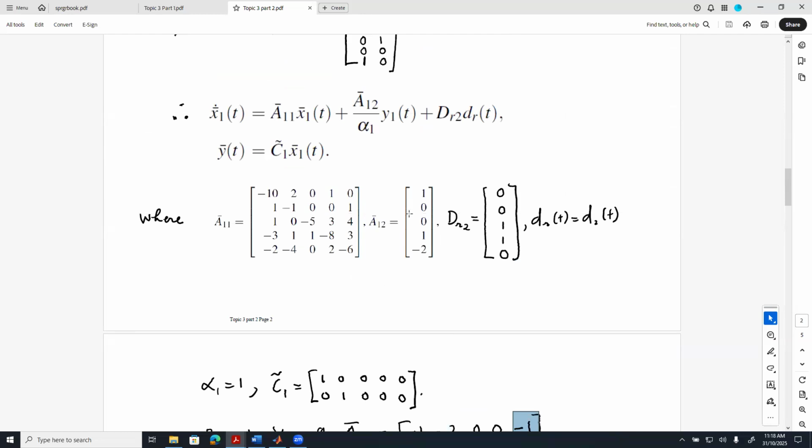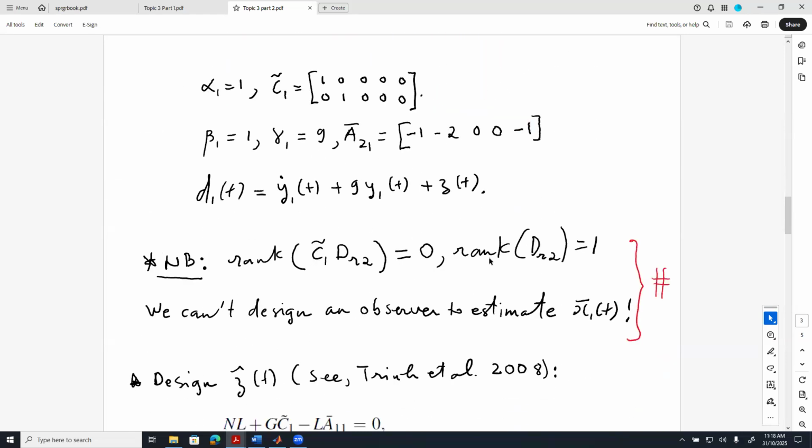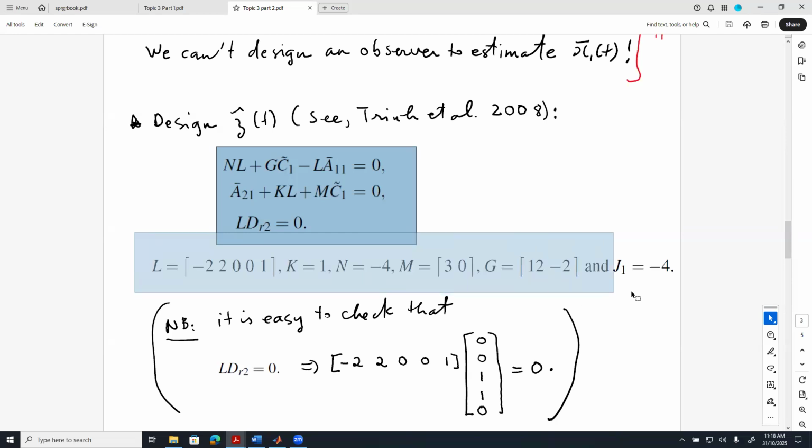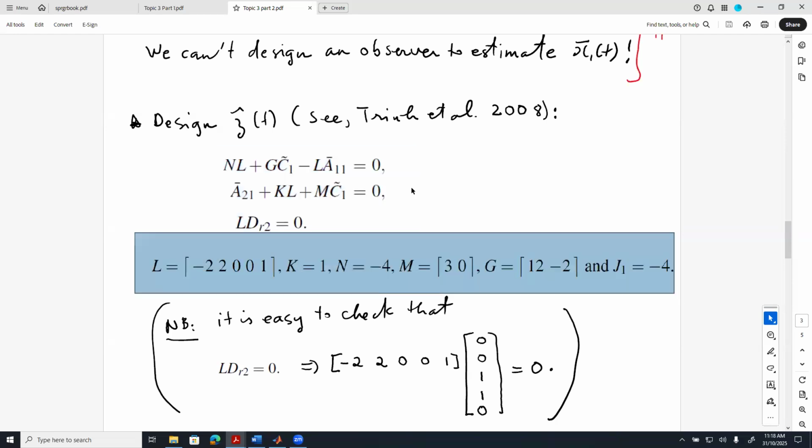X bar 1 of t has 5 state variables. In any case, it is possible to solve the 3 coupled matrix equations for those unknown matrices to satisfy these conditions. And the answer is as given below.